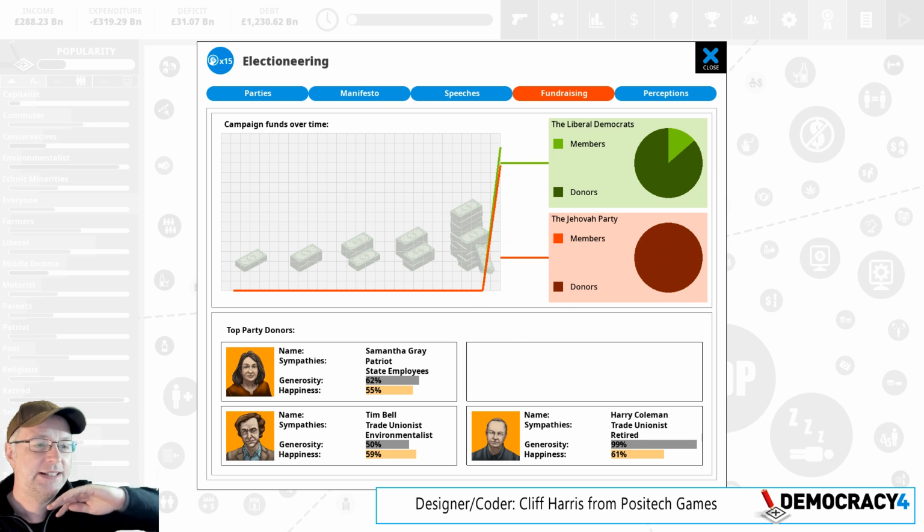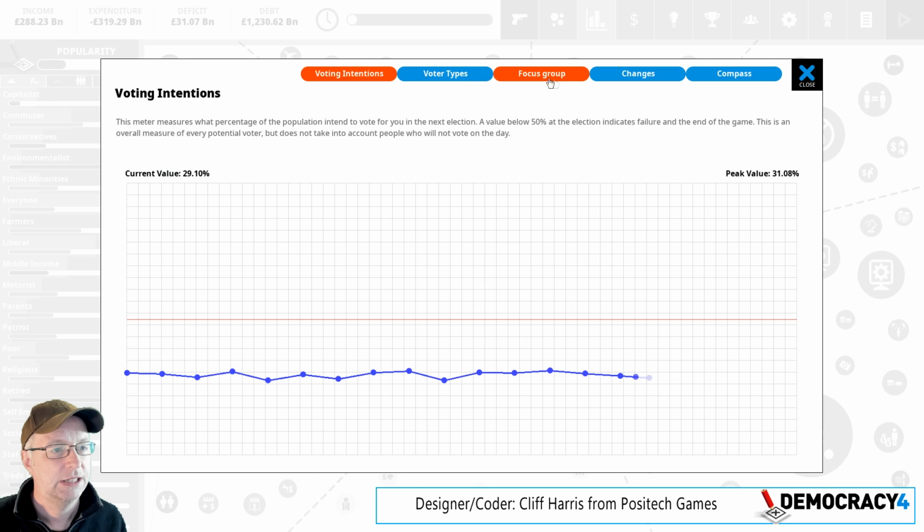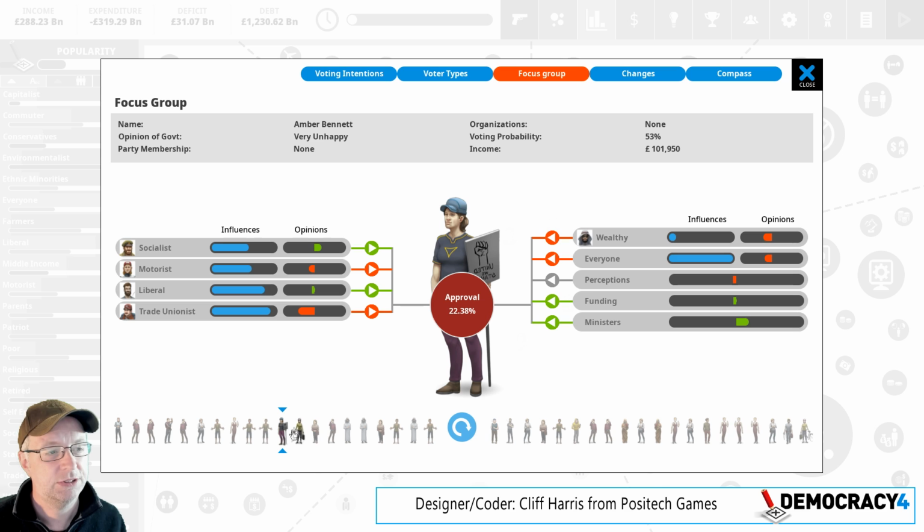So now we have more of a curve. You can be relatively unpopular and still have some people in your party, and they're the people who are easily pleased. This is a new characteristic for every voter in the game. If we look at a bunch of voters in a focus group, they each have a certain number of attributes which we don't show.